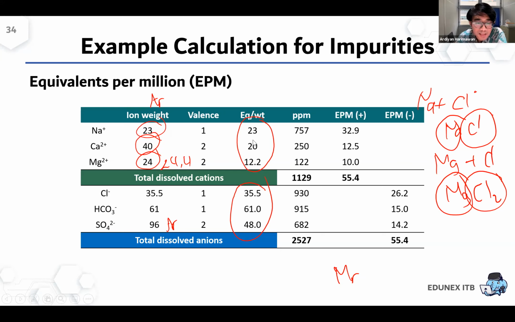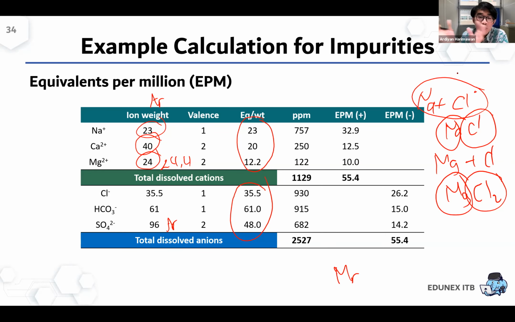Yeah, no problem, Pak. But is that answering your question, Kevin? Yeah, because this one, the compound in the water, it will be in the compound form, right? So it will be in NaCl or MgCl2 or maybe MgSO4, like that. But when the solid dissolves in the water, it will be in the ionic form.